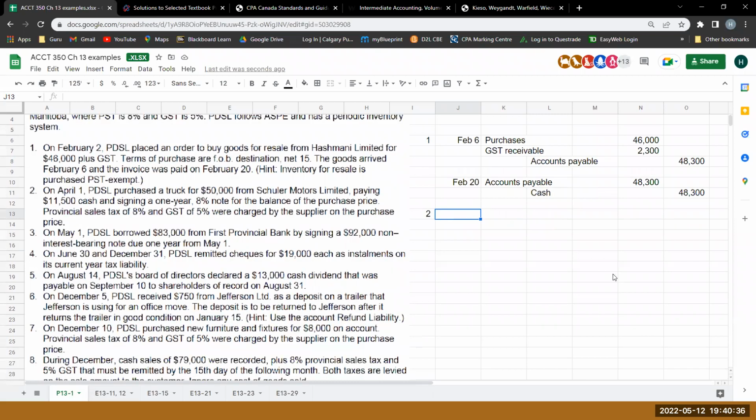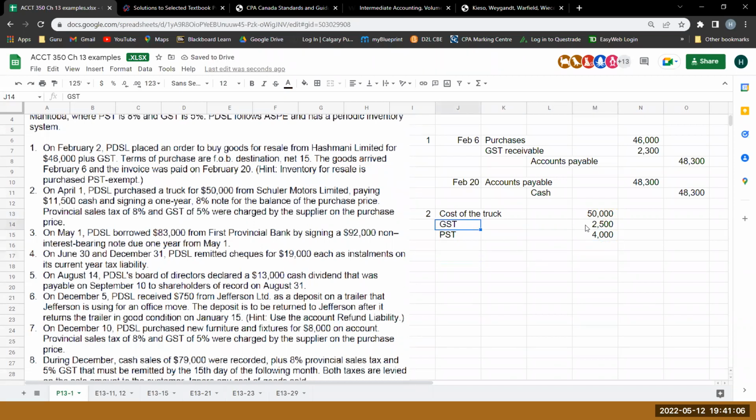So what do we have? The cost of the truck is 50,000. The GST will be 5%, so 5% of 50,000 is 2,500. And the provincial sales tax is 8% of 50,000, that's $4,000.